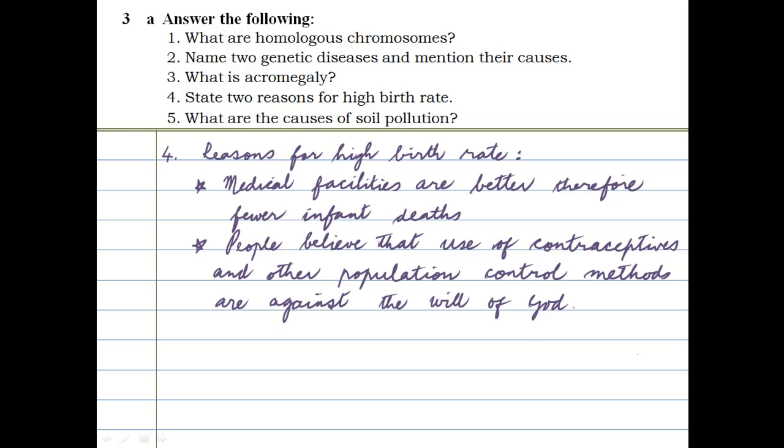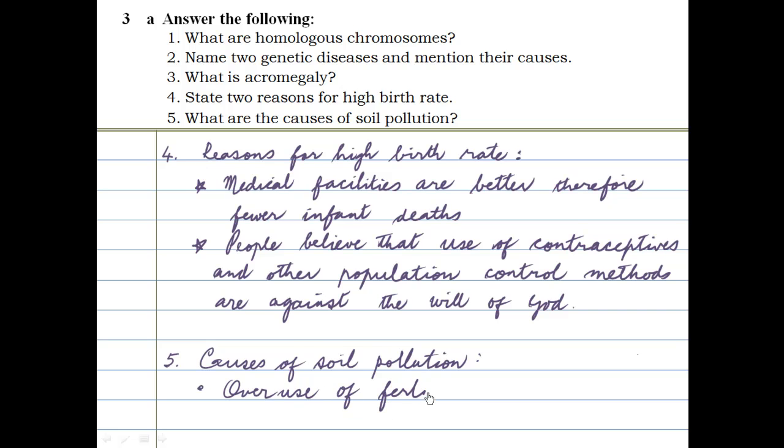Okay. The last one says the causes of soil pollution. So for the causes of soil pollution, again, there are several over here. One could be the overuse of fertilizers, which ends up making a place barren. Yeah.